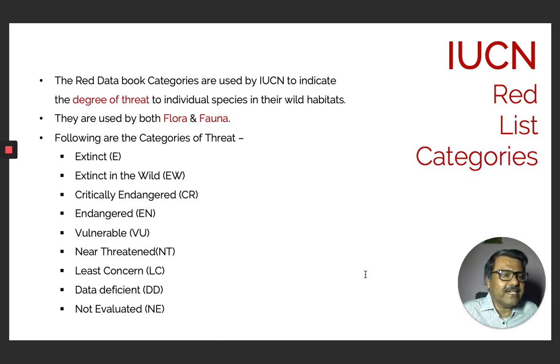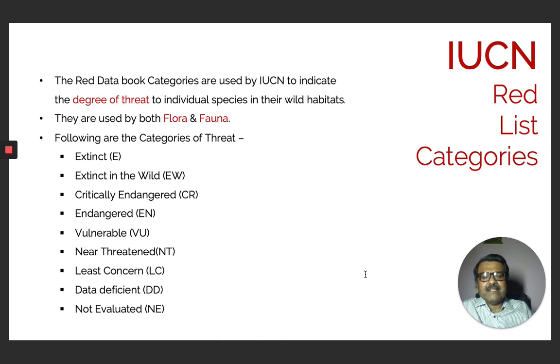According to the degree of threat to any species in wild condition, they have been categorized into different groups: extinct in the wild, critically endangered, vulnerable, near threatened, least concern, data deficient and not evaluated.